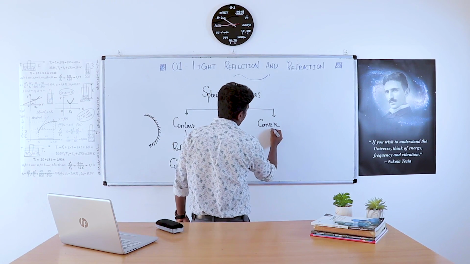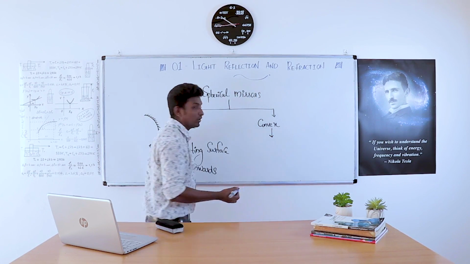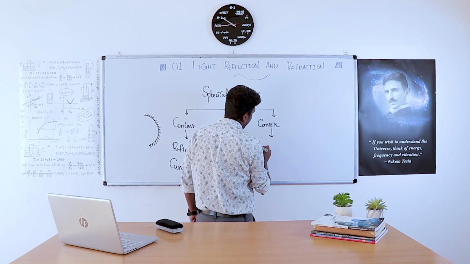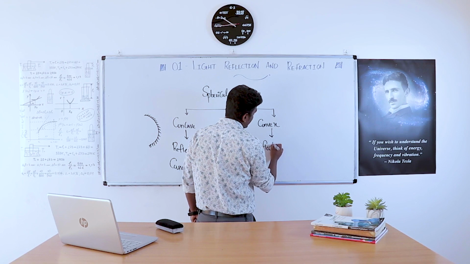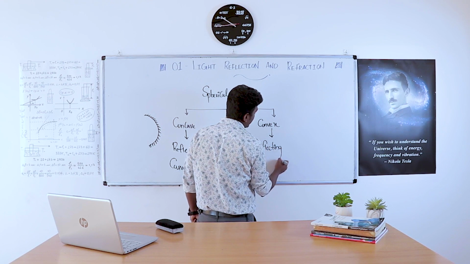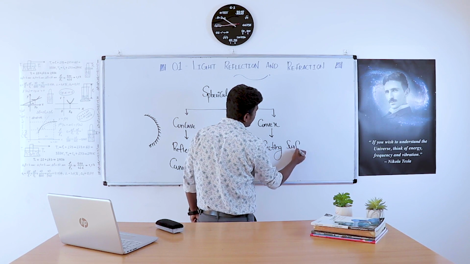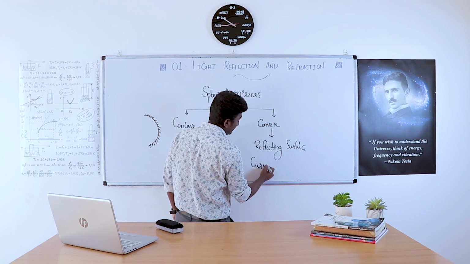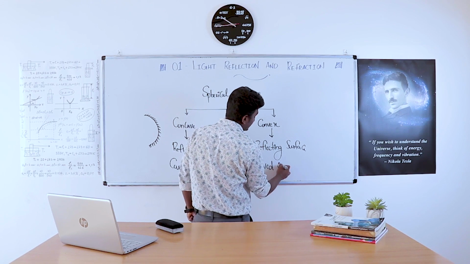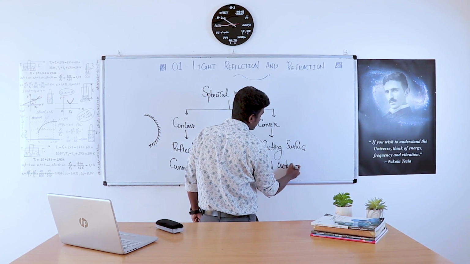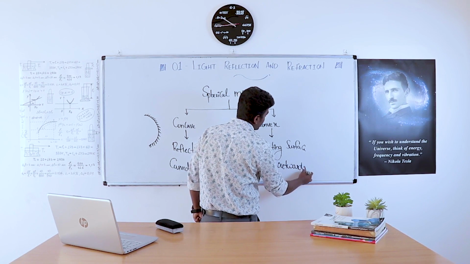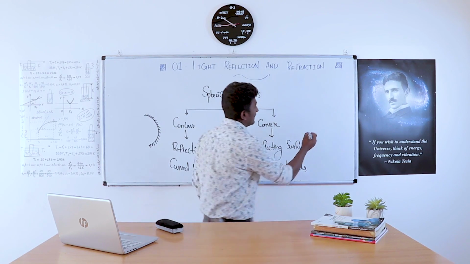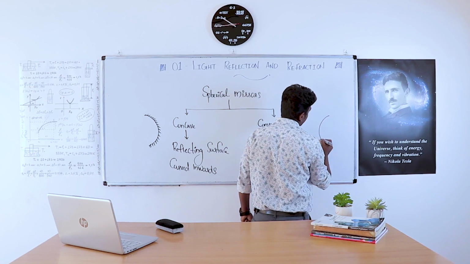So next is the convex mirror. In the case of a convex mirror, the reflecting surface is curved outwards. If the reflecting surface of a mirror is curved outwards, then such types of mirrors are known as convex mirrors, and can be drawn like this.